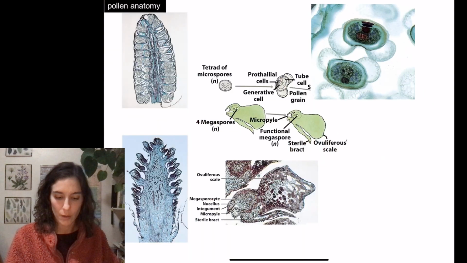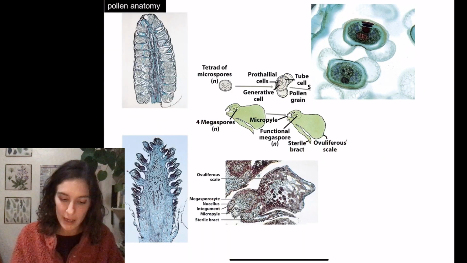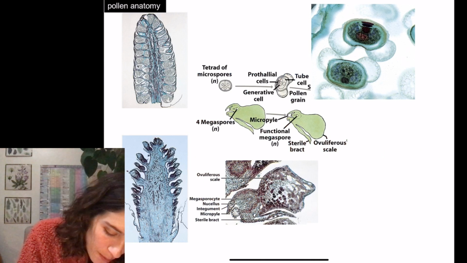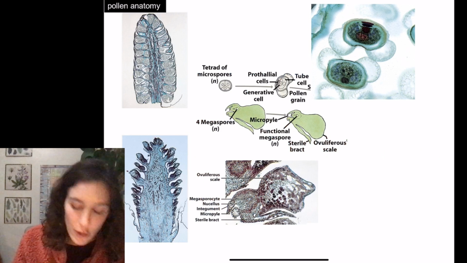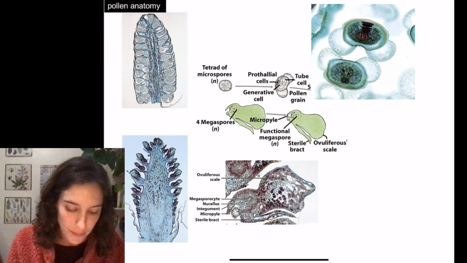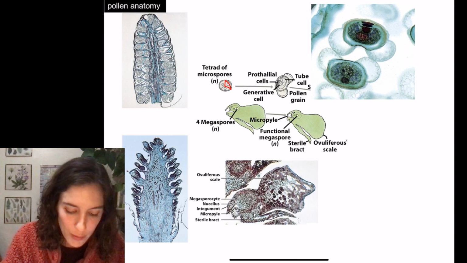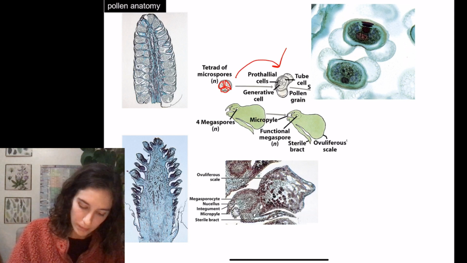Cool. Now zooming in on this smaller part of the life cycle here. We have meiosis happening in a microspore mother cell, and it produces 4 of these microspores. Each one of these 4 microspores will become a pollen grain.